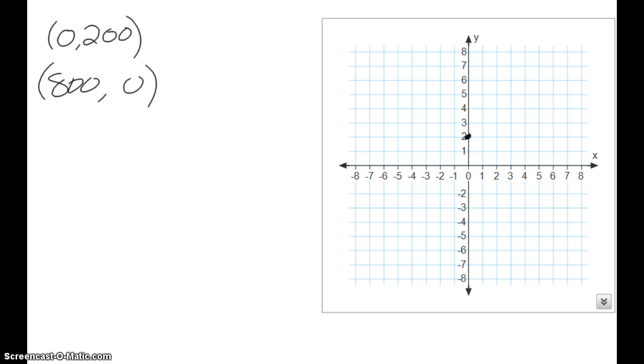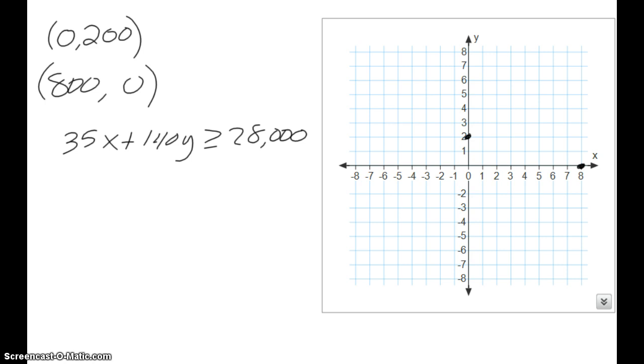And when y is 0, x is 800, so I'm going to use 8, because again, I'm counting by 100s. If you remember in the problem, it was greater than or equal to, okay? The 35x plus 140y is greater than or equal to the 28,000.